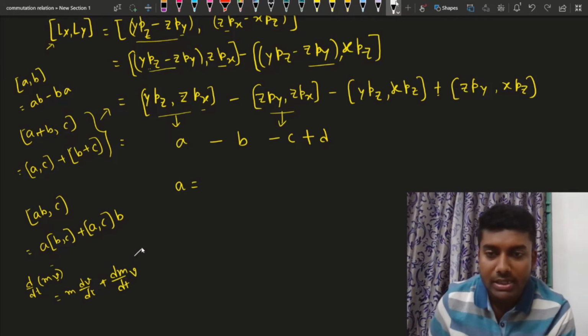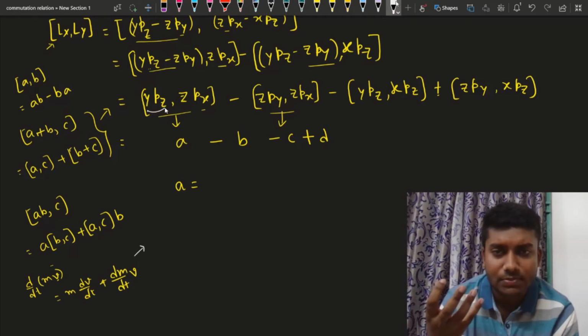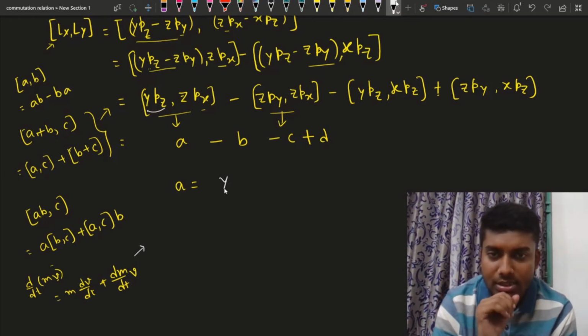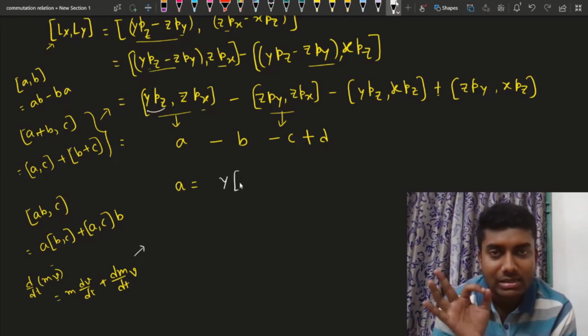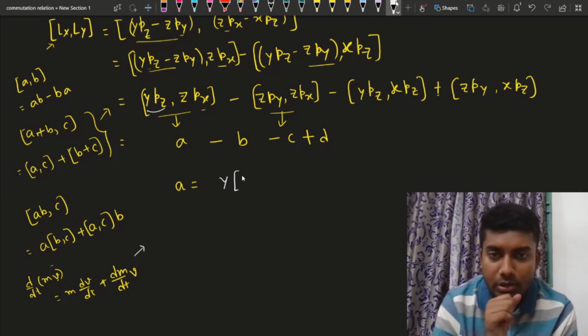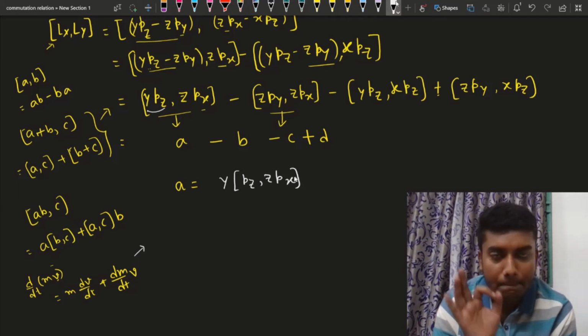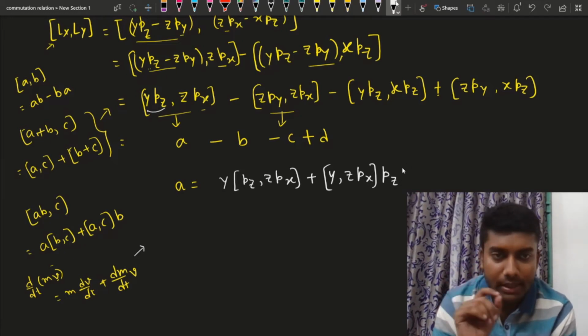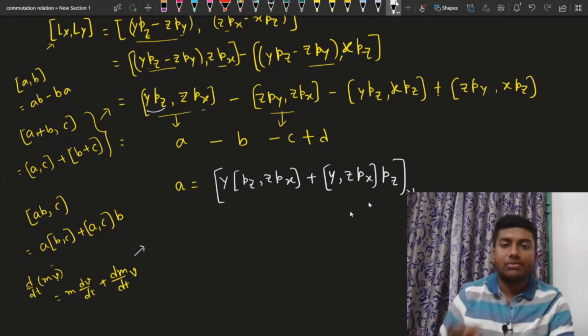If we do this step by step, first we break this. Then y is fixed and Pz will be inside the commutation bracket. So Pz comma Z Px, plus y is inside, comma Z Px, and the Pz is outside. In this way, these are only third brackets.